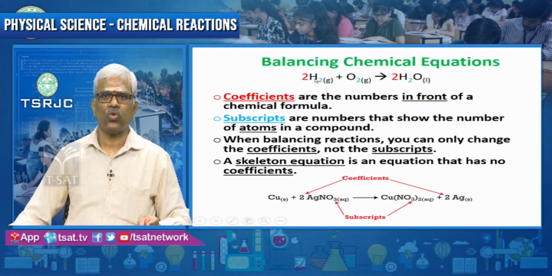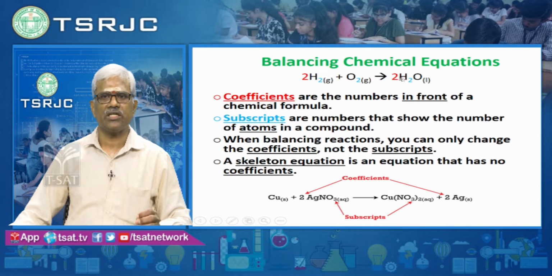There are two hydrogen atoms here. In products also H2 is given. So, hydrogen atoms are balanced, but see here oxygen is given as O2. So, two atoms of oxygen are present in reactants, but in the products only one atom is there. To balance this equation we have to change the coefficient.